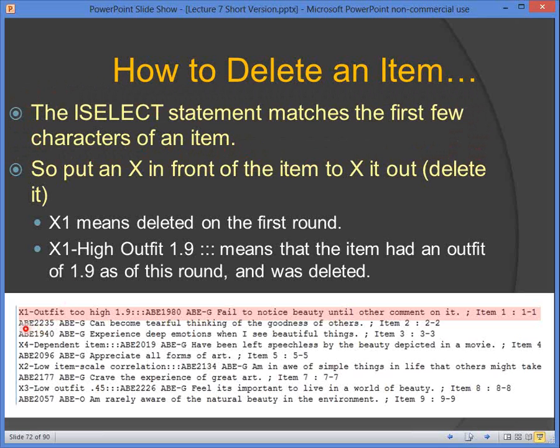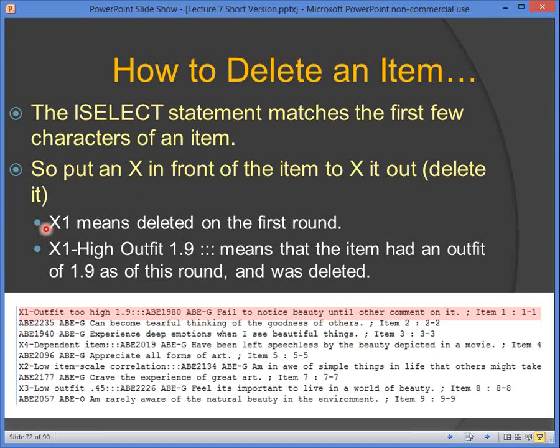For Appreciation of Beauty, the scale abbreviation was ABE. If you wanted to analyze the Appreciation of Beauty items, you would change the iSelect statement to be iSelect equals ABE.